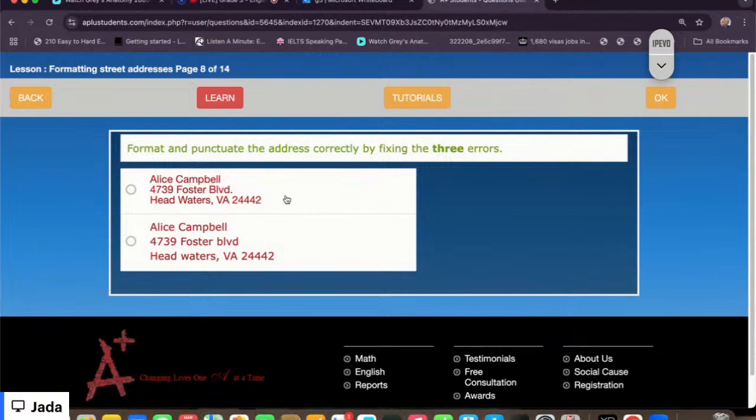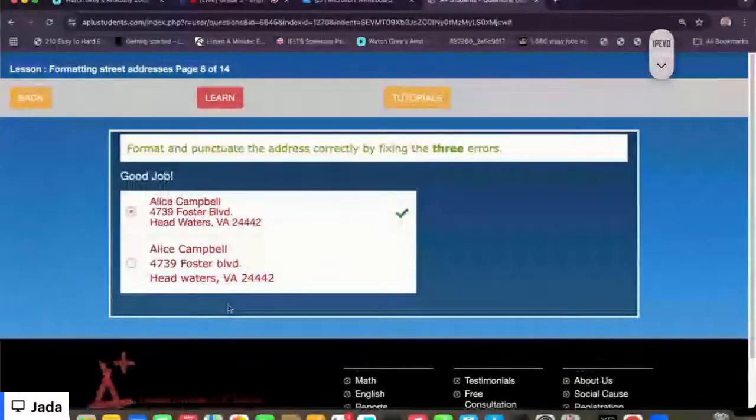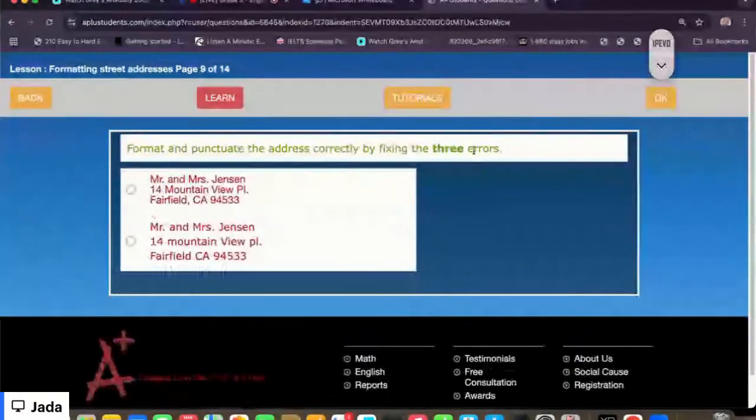Okay. All right, so fix three errors here. Can you fix that and tell me which is the correct one here?